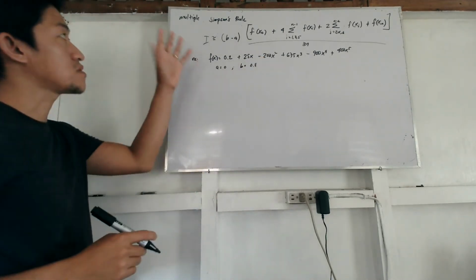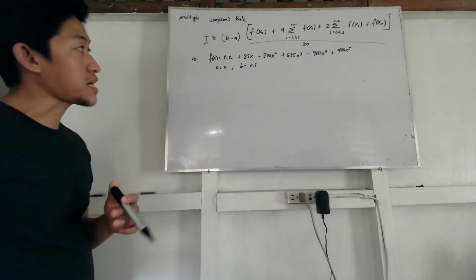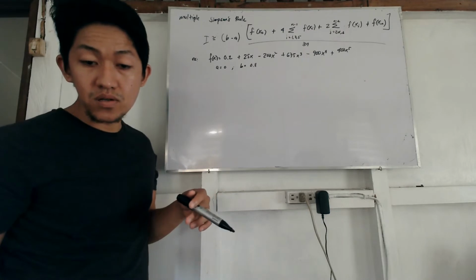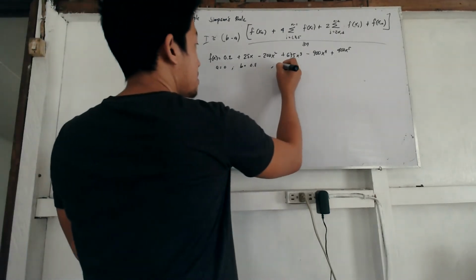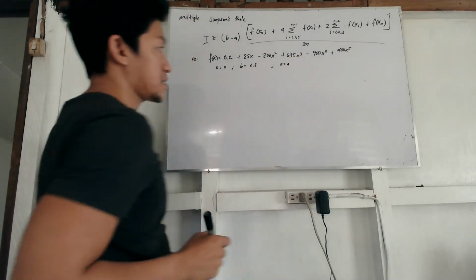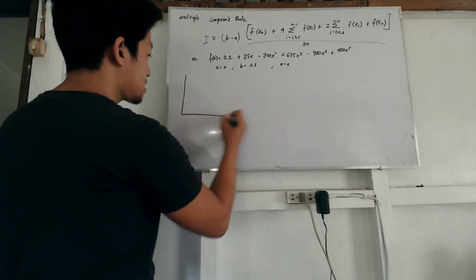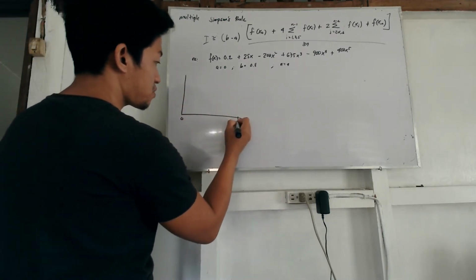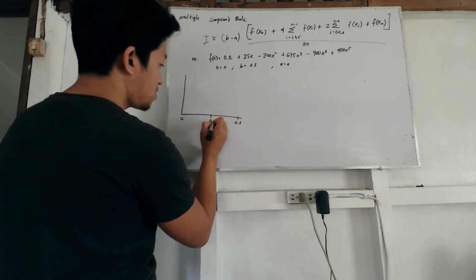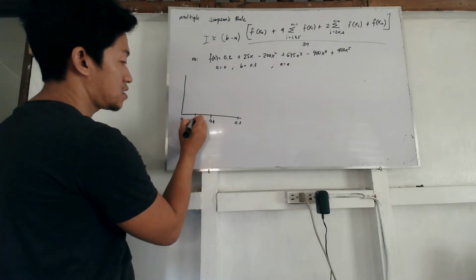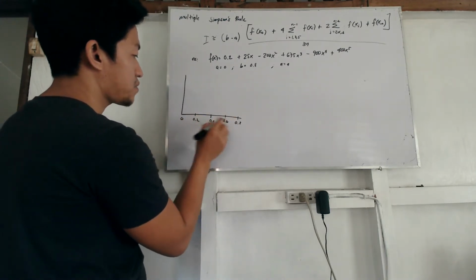Now we will solve this using a multiple application of Simpson's one-third rule, but we will have 4 segments. What that means is this is 0, this is 0.8. We'll divide this into 4 segments. So you have 0.2, 0.4, 0.6, and 0.8.